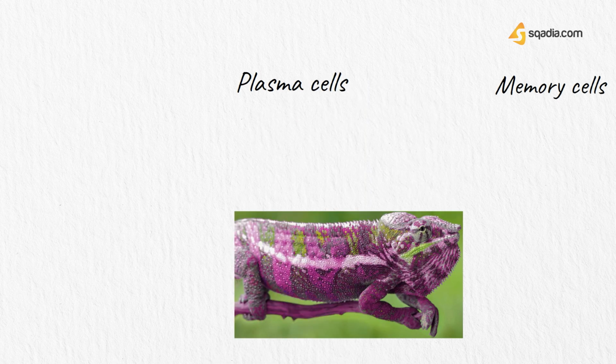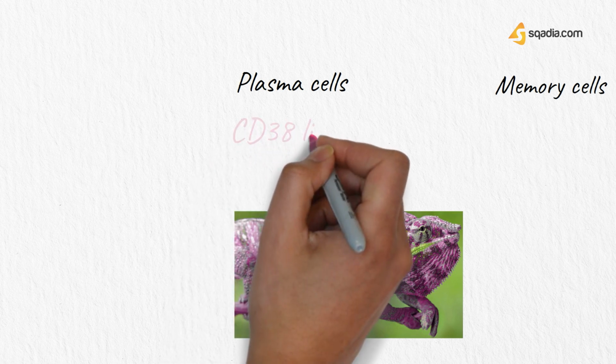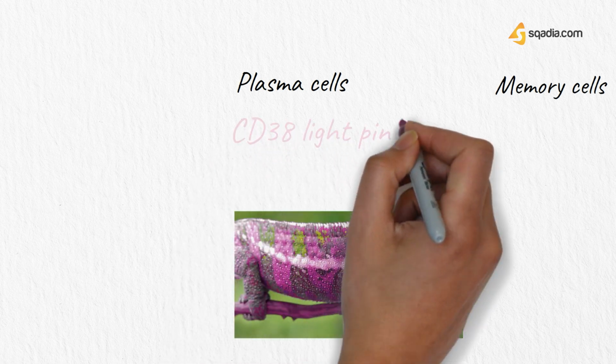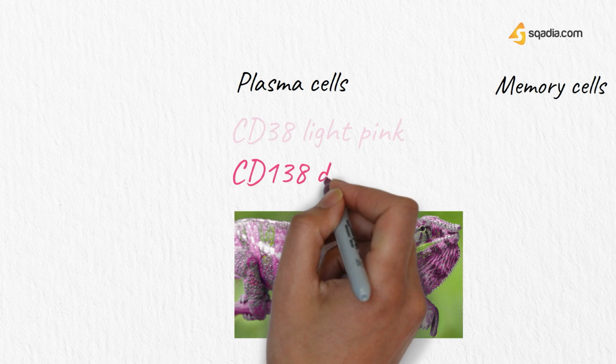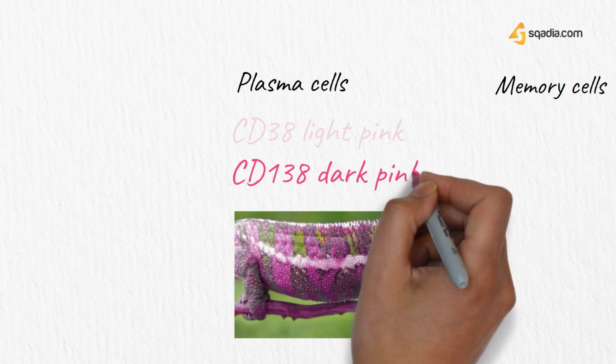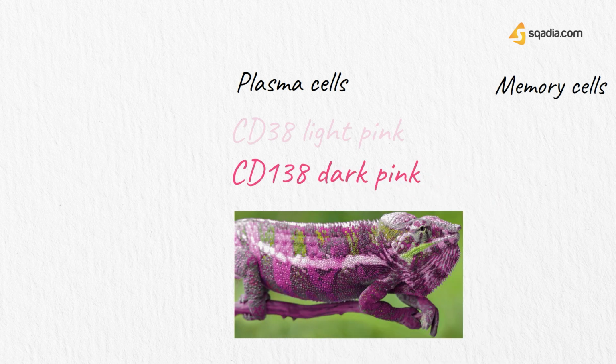They are a little bit particular, though, because usually they do not express strongly the B markers, although they are B cells. They express CD38 in light pink and CD138 in dark pink. So we will remember plasma cells as the lizard with no blue color, no B markers.